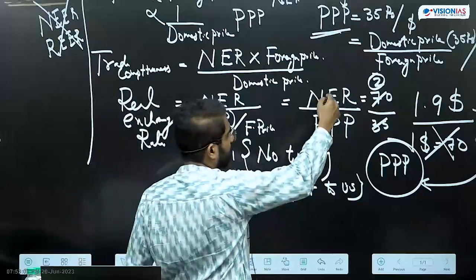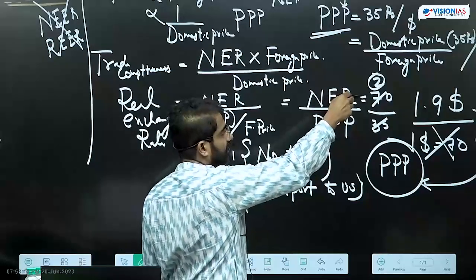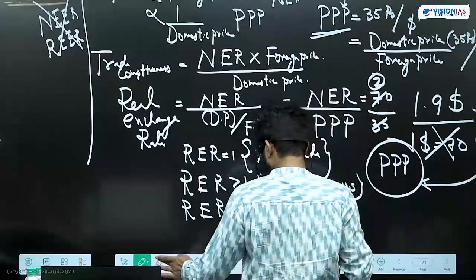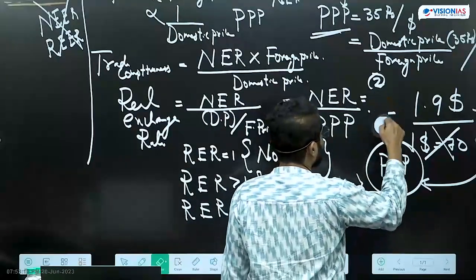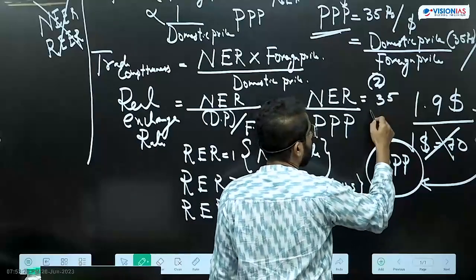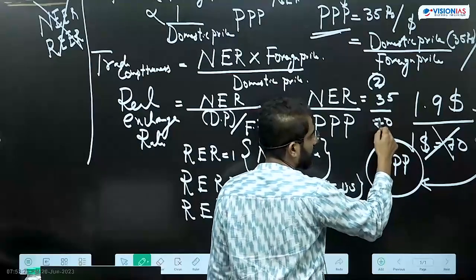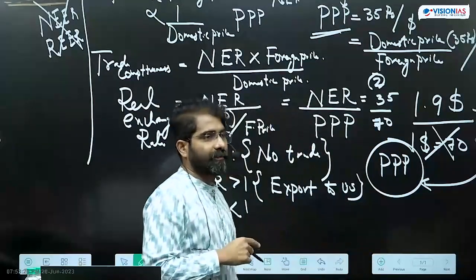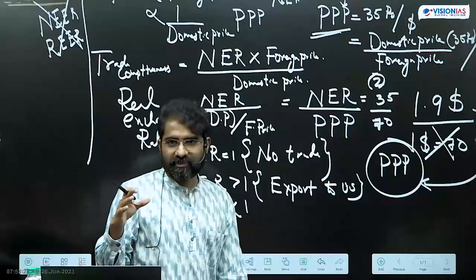Then the same example, suppose real exchange rate became less than 1. That means this is less and this is more. Let's reverse these numbers. Suppose the nominal exchange rate is 35 and the PPP exchange rate is 70, then it becomes 0.5. In this case, what will happen?